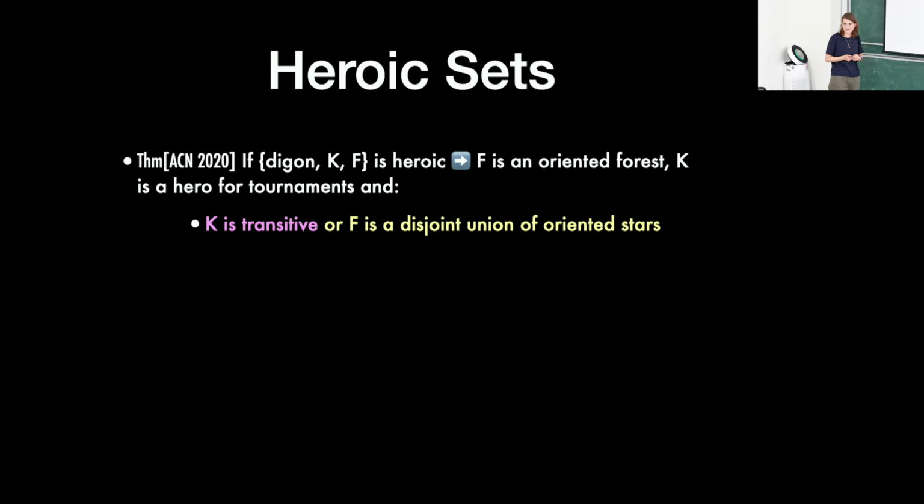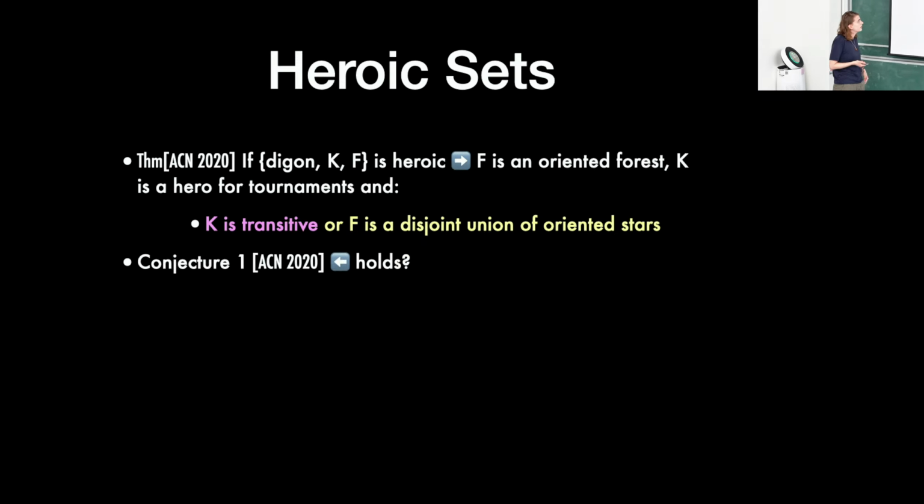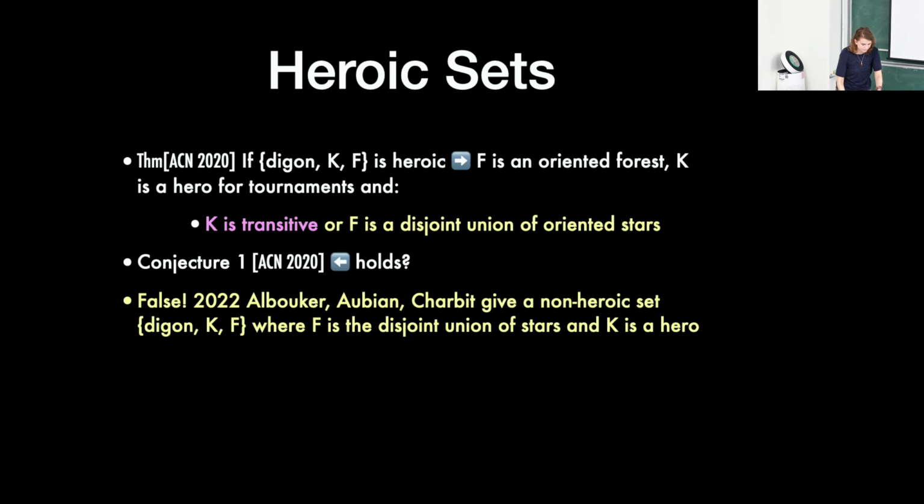Actually, I'll give you a second because it's a little hard to parse. And so based on this, they conjectured that the converse holds. But that turns out to be false. So I can maybe draw one of the counterexamples.